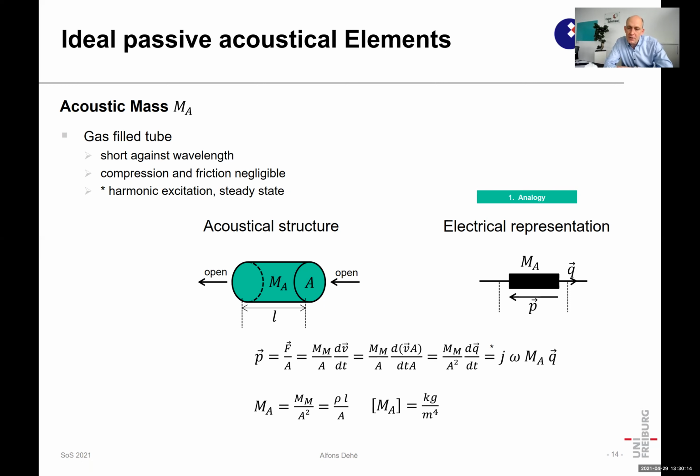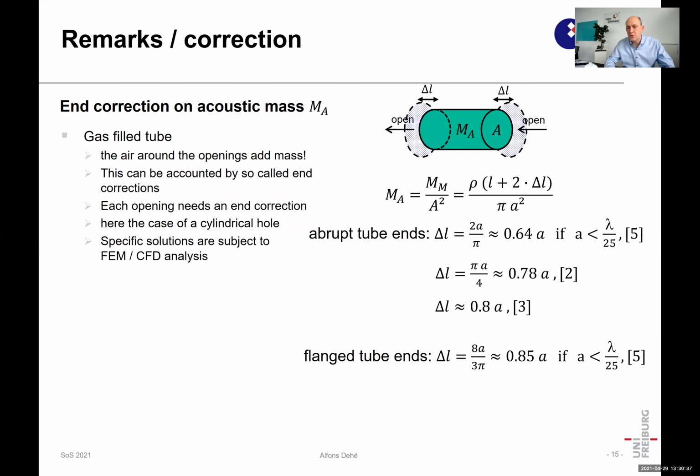And then we use in the first analogy an inductor to describe this. So this situation of the mass is special. If we have a tube with some openings at the front and back, and we accelerate the mass inside, we can see that there is of course something which we call the flange situation.